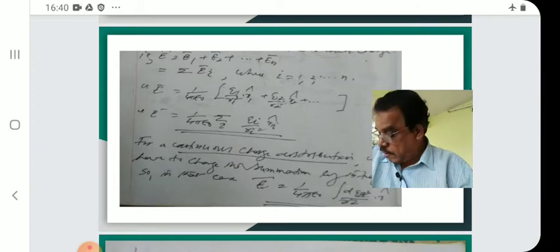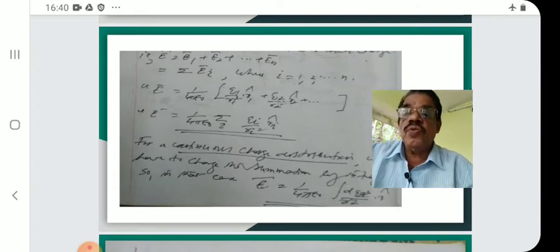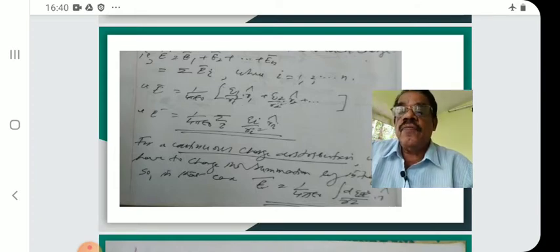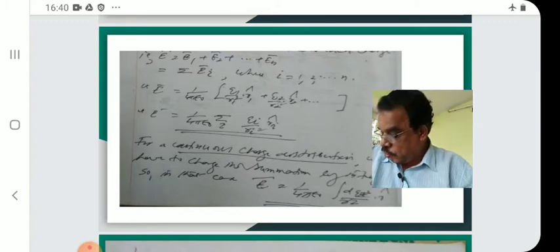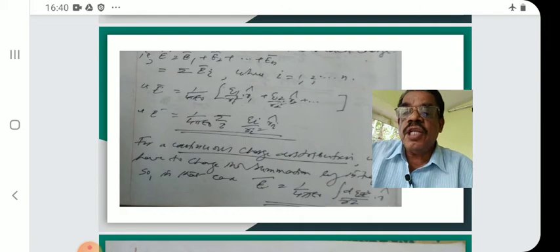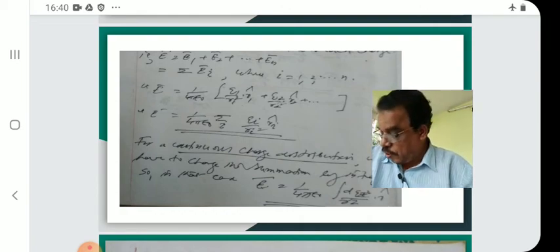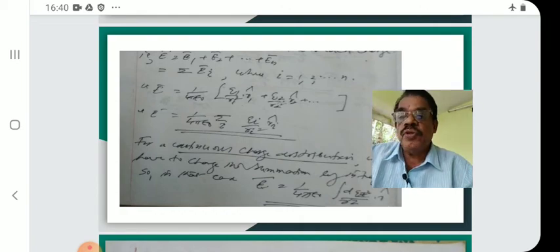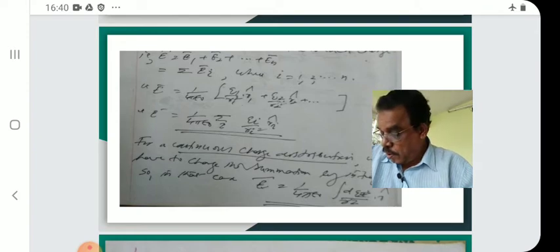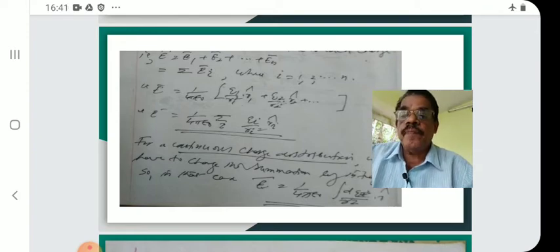If the charge is continuous, infinite charges, we replace summation by integration. So the electric field due to a continuous charge distribution E vector is equal to 1 by 4 pi epsilon 0 integral dq by r square into r cap.